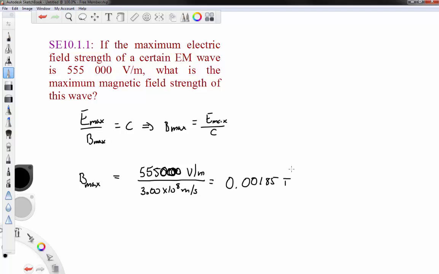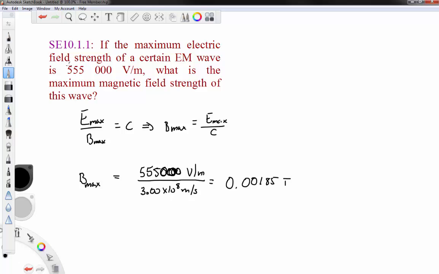I want to say something about this before doing the next example. You notice that it seems like you have a really big electric field and a really small magnetic field, and a common mistake is to say that therefore the electric field must be much, much stronger than the magnetic field. The fact of the matter is that you can't really compare the strength of the electric field and the strength of the magnetic field because they have different units.